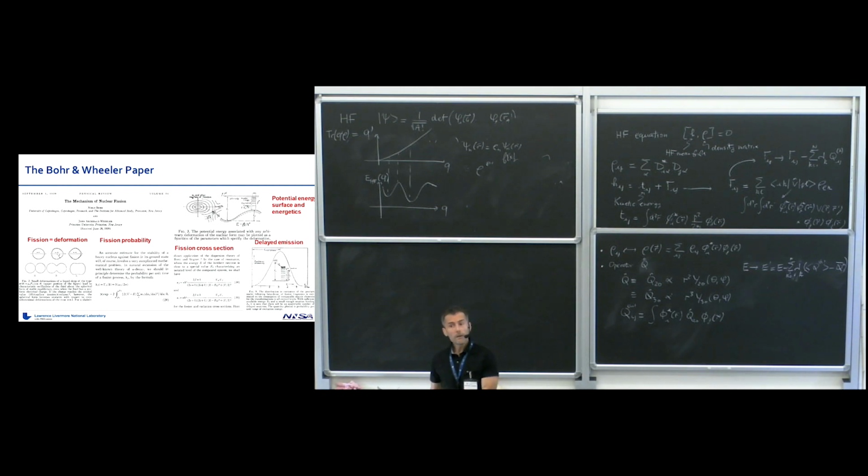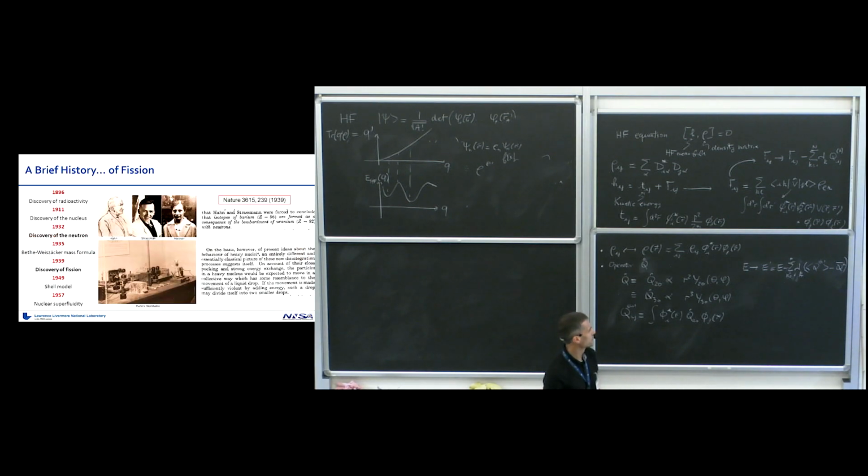There are two ways to do that. The historical way is the BCS theory, Bardeen-Cooper-Schrieffer theory, invented in 1957. That is the superfluidity that we also heard about yesterday in Professor Meng's lecture. Initially, I wanted to tell you a little bit about BCS, but I don't have the time, so I'm going to go straight to the generalization of BCS, which is called the Hartree-Fock-Bogoliubov theory.